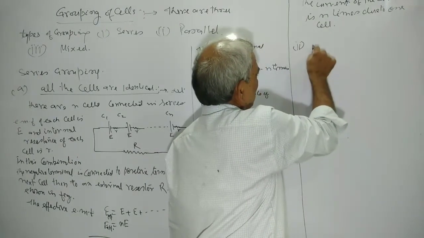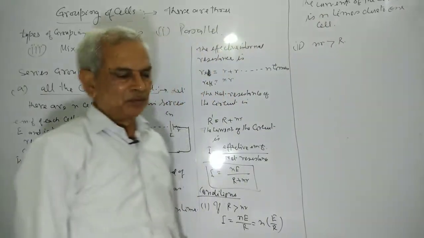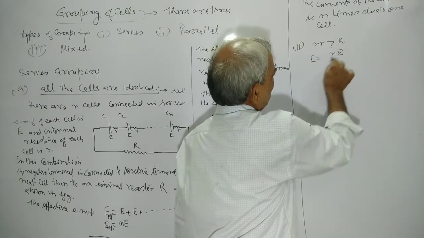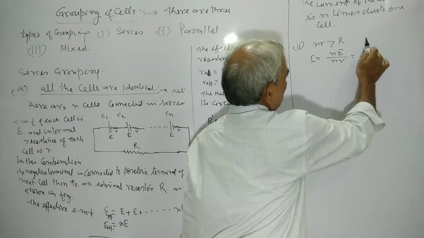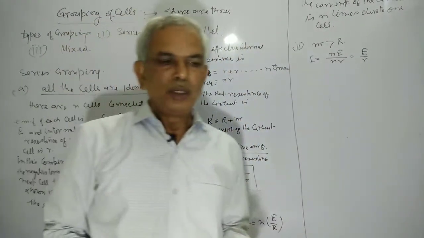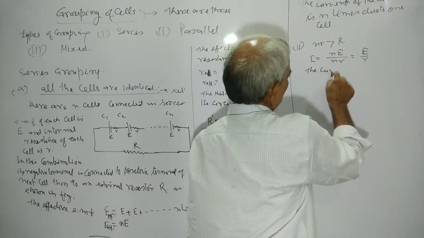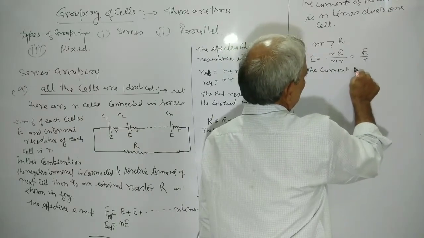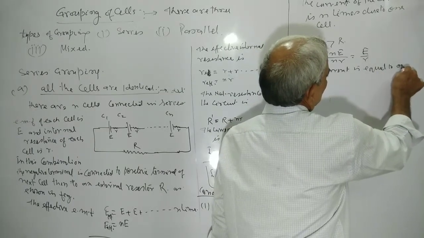Case second, if nr is greater than R, then I equal to nE upon nr or E upon r. The current is just equal to one cell. The current is equal to one cell.